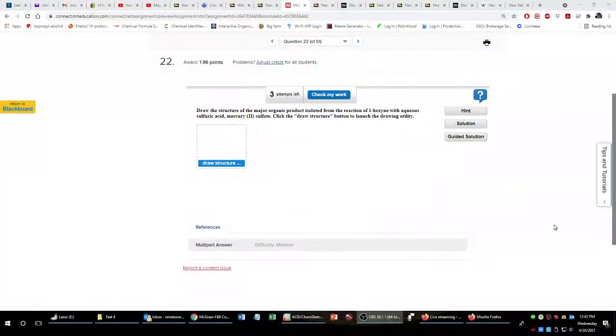Question 22 on the Orgo homework. Draw the major product isolated from the reaction of 1-hexyne with aqueous sulfuric acid and mercury sulfate.